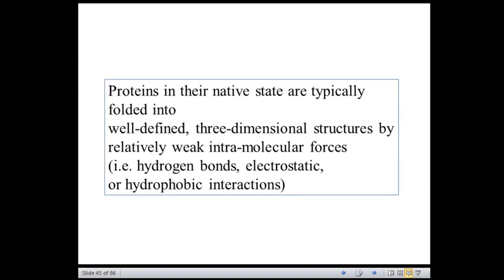We know that proteins are typically folded in their native state. That means they have very well defined three-dimensional structures with weak intramolecular forces. That is, as you know, it is all about the hydrogen bonds, the electrostatic or the hydrophobic interactions.